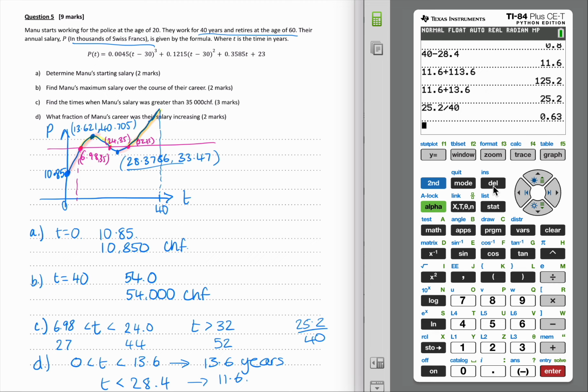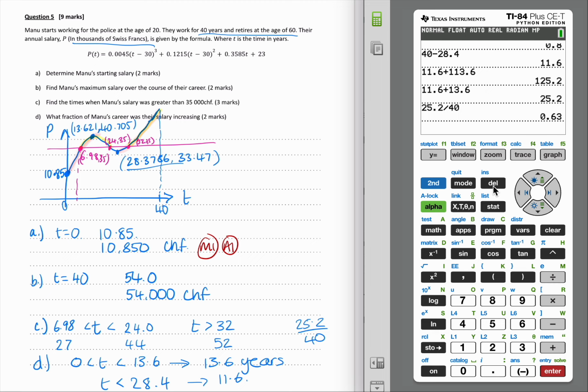So in terms of the marks for this question, there is 1 mark for some sort of working and then 1 mark for the answer for part A. Then for part B, you needed to calculate his maximum salary. So again, there's some working and then an answer mark, and that working can look different for different people.